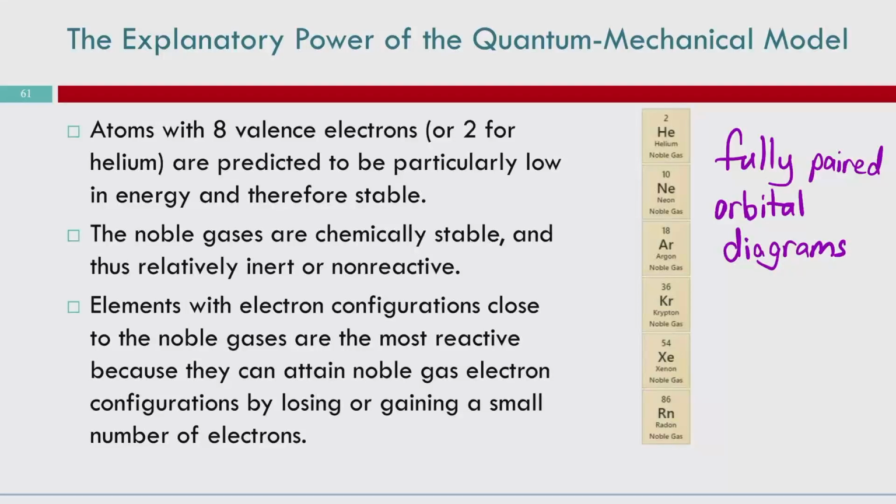Every upspin has its downspin for all of the electrons, all of our subshells, for the rows that we're in. The noble gases are chemically stable. They don't need somebody to give them an electron. They don't need to give away an electron. They're super, super duper stable.